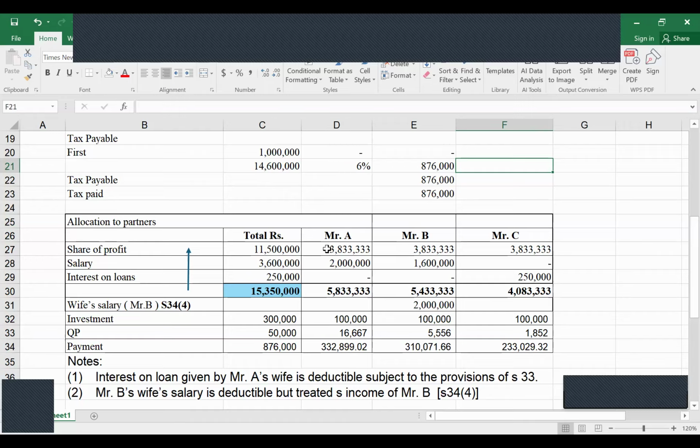That is why 3.8, 3.8, 3.8. After including those figures in the first line cages, we can aggregate, we can fill the total line. It is equal to 15.35.